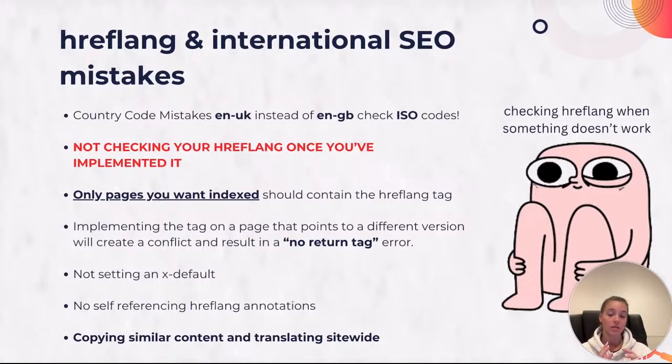IP redirects are really good if you give people a choice, but what a lot of websites do is they force you into whatever IP they think you're at. So in the UK, for example, if I Google Fiverr Brazil, and I click on Fiverr Brazil because it comes up in search, it will automatically send me to the UK Fiverr. So I don't have a choice in going to different options.